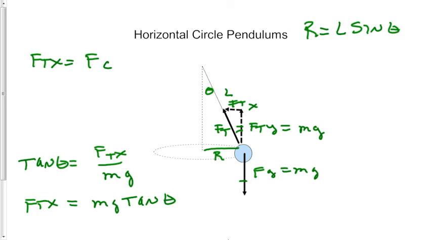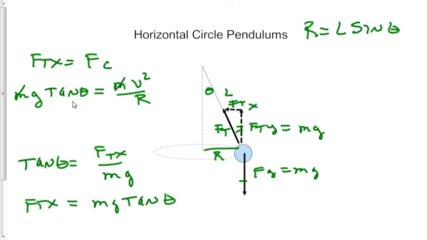Okay, so going on to this side here, we can set force tension X equal to force centripetal. So mg tangent of theta is going to equal mv squared divided by r. Let's see what crosses off. The m's will cross off.